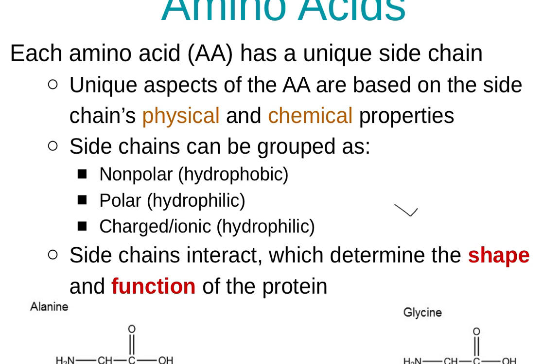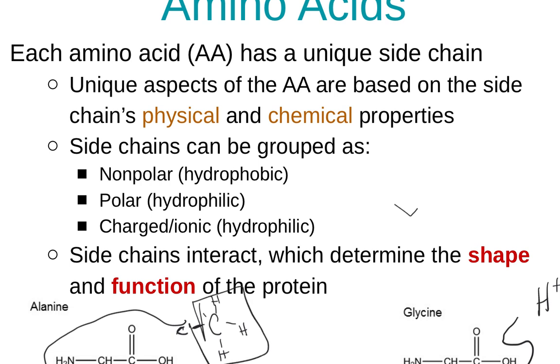So just as a thought, let's take our hydrogen right here. Perhaps you can understand that if I have a hydrogen, which has a positive charge, hanging off of my amino acid, and then this methyl group here, which is carbon bonded to all of these hydrogens and attached to another carbon, it's complete.